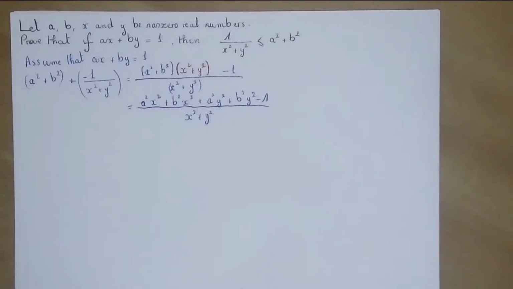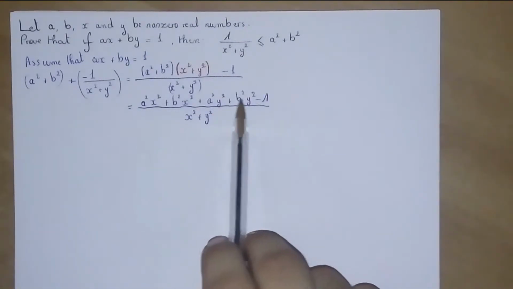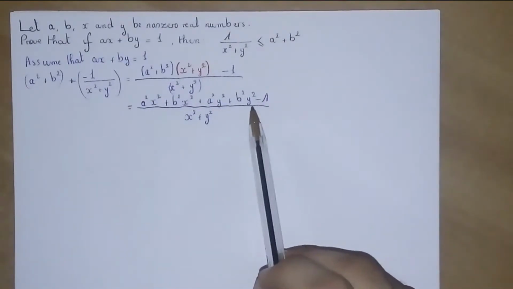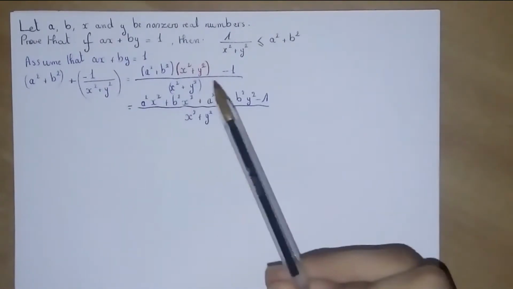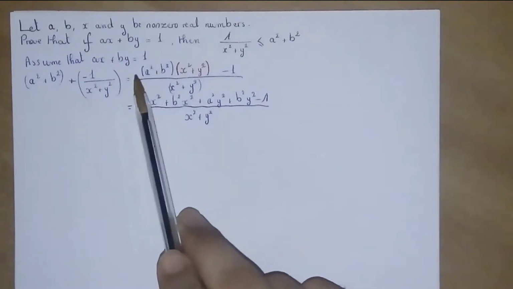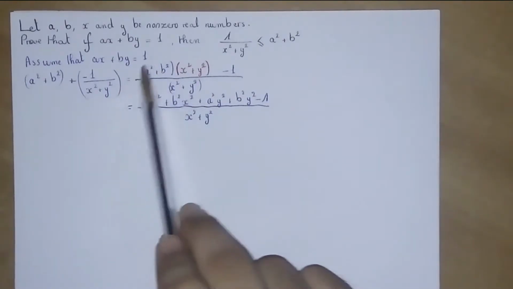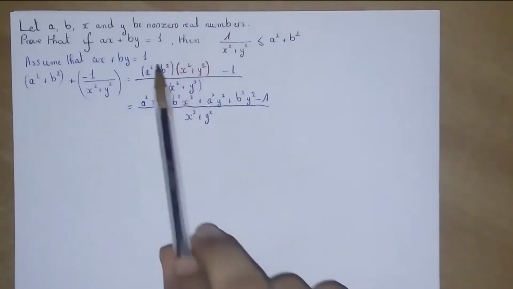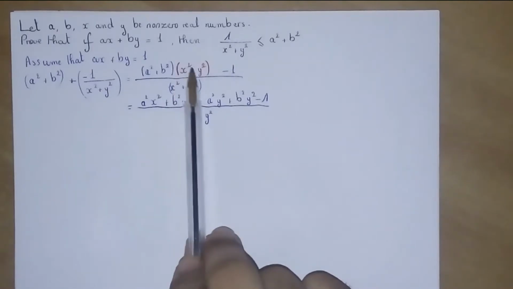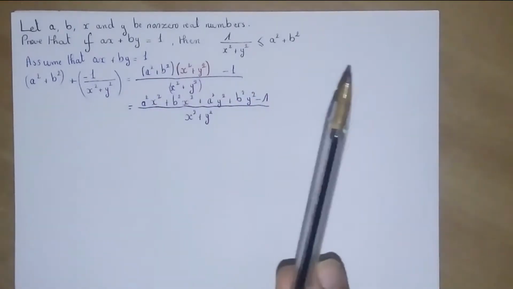Now a little trick to verify if this expansion is correct is, before you do any simplifications or anything, count the number of terms that you get and compare it with the product of the numbers of terms within each bracket. So here I have 2 terms and here I have 2. 2 times 2 is 4.